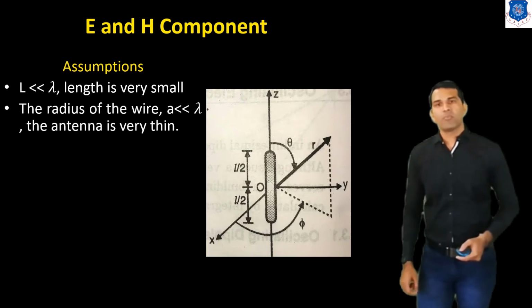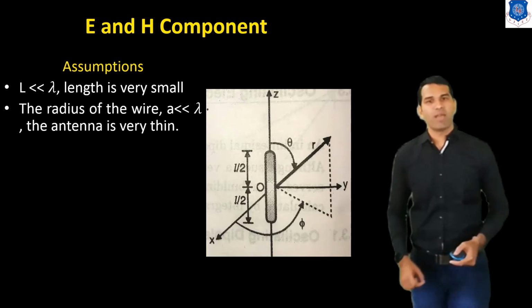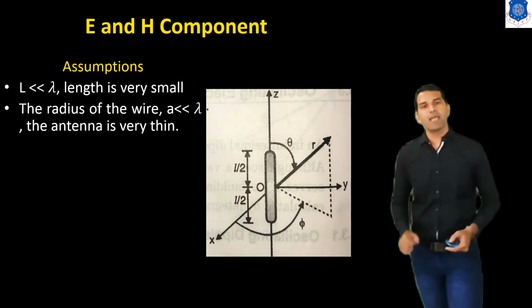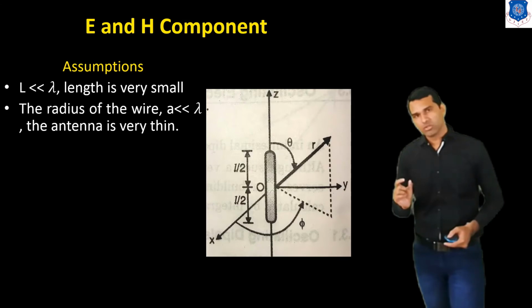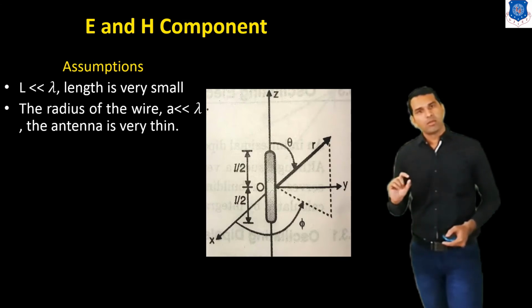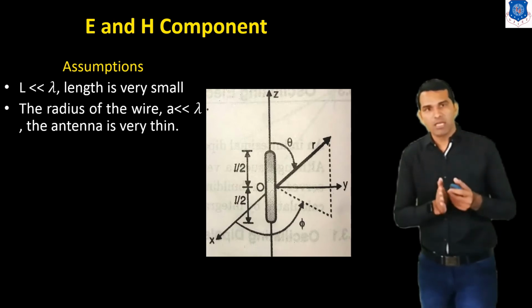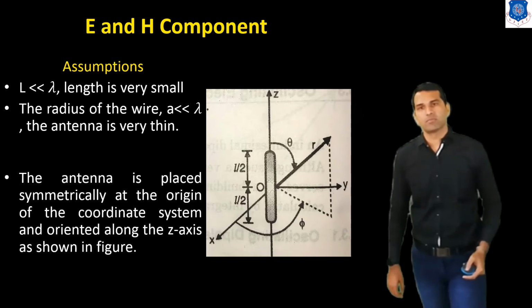The radius of the wire, a, is very much less than lambda, that means the antenna is very thin. This is the second assumption.